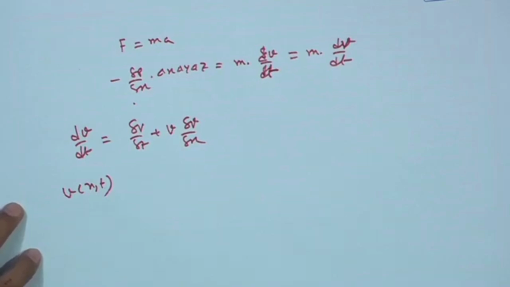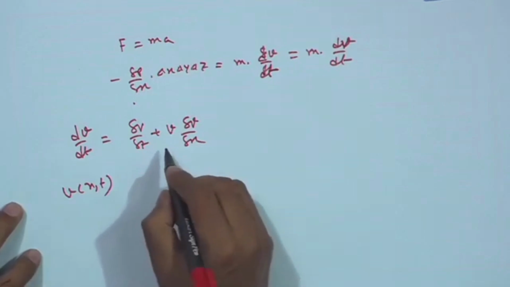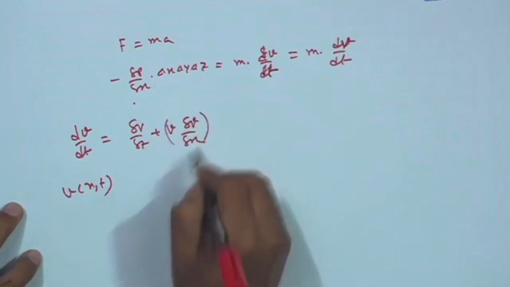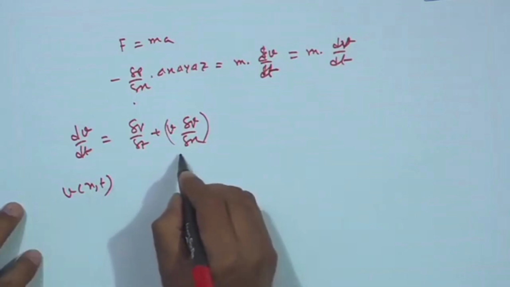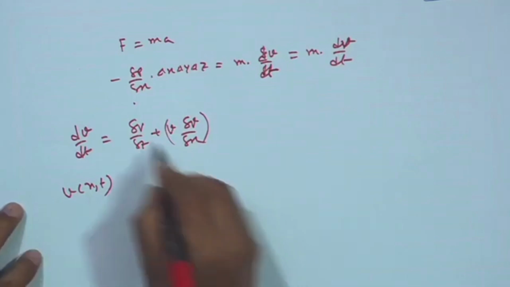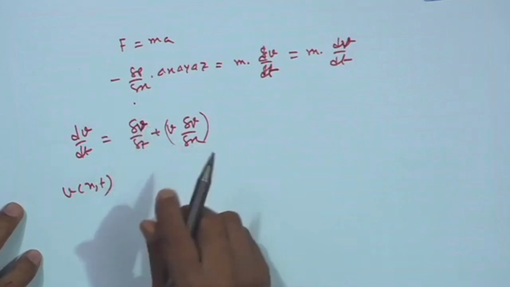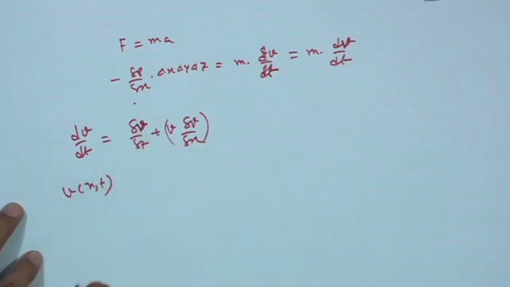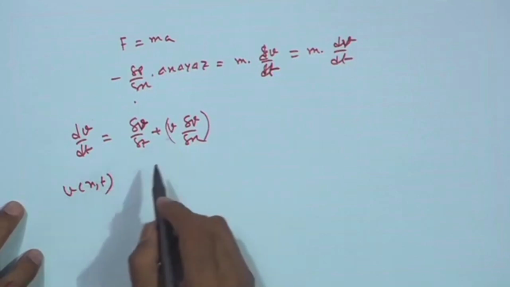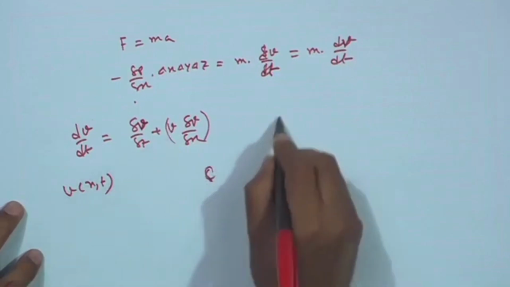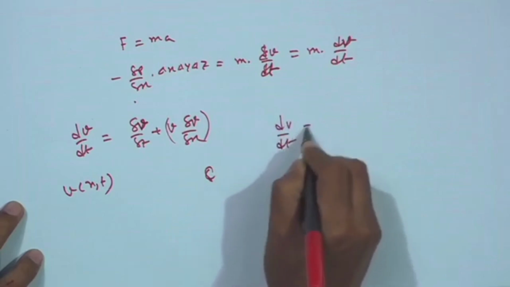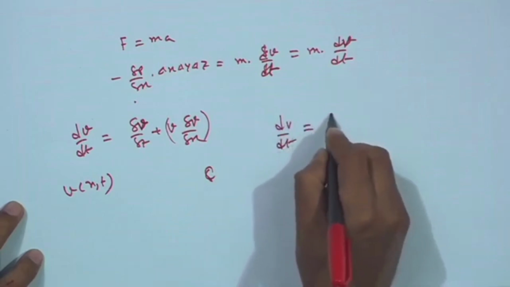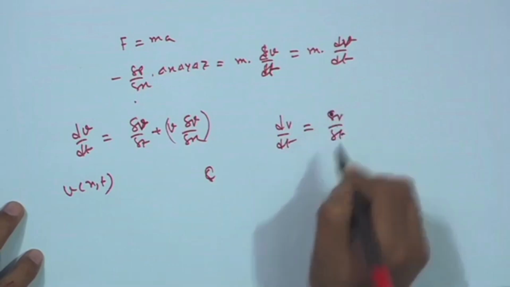If I consider this term, it is a nonlinear term. If the particle velocity is very small, negligible, I can drop this term. In that case, dv by dt is nothing but del v by del t.